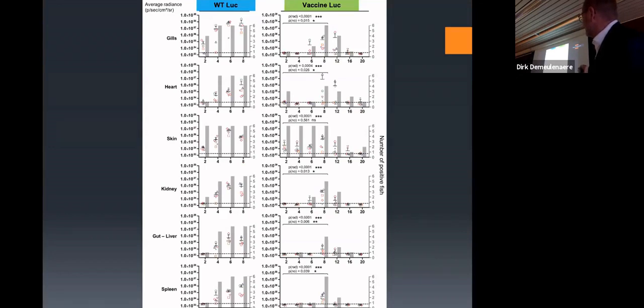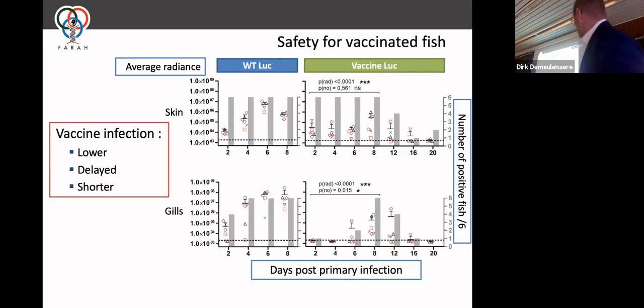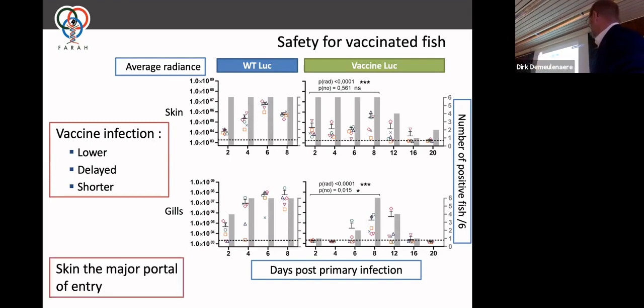So one could claim that the gills and the skin are parallel portals of entry, and that we see more fish positive for the skin simply because of a higher replication cycle. What is nice here is that while all the fish are positive for the skin with the vaccine, the gills will turn positive only around day 6, which demonstrates that the gill is a secondary site of infection and not an alternative site of entry. So this, I like it very much.